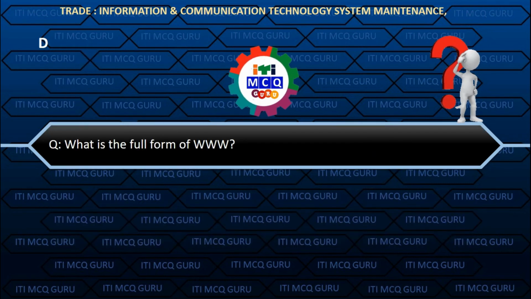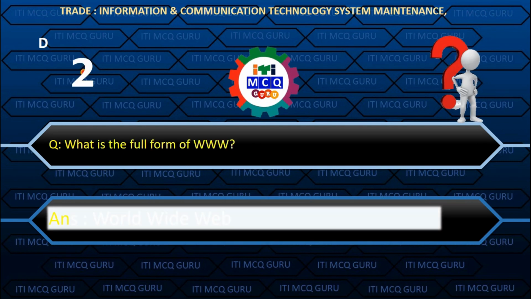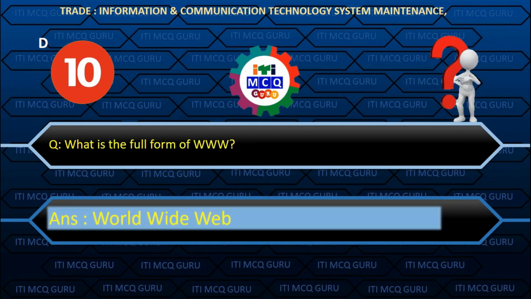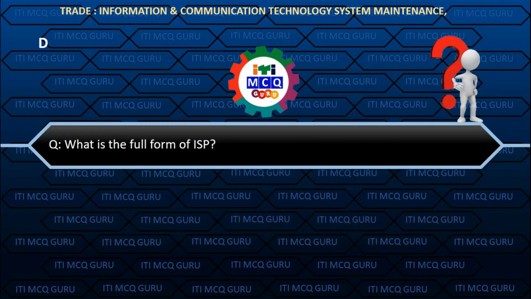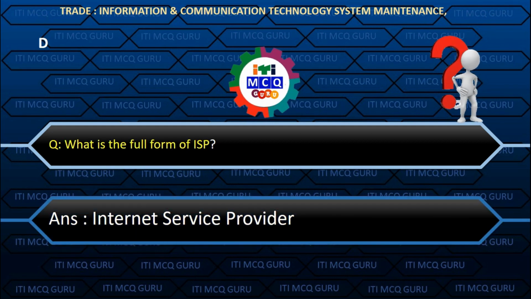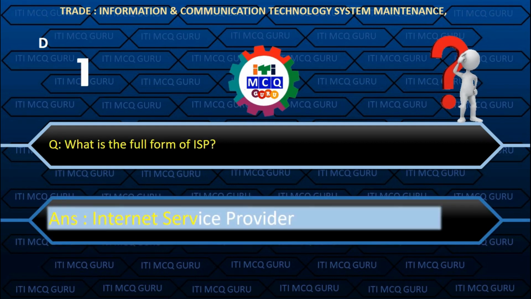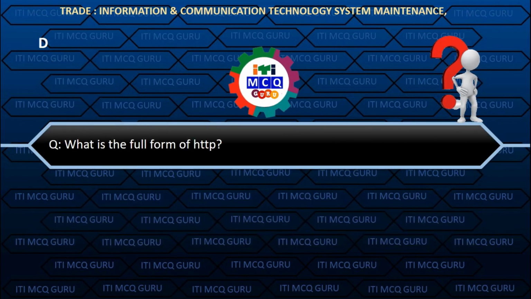What is the full form of www? Answer is World Wide Web. What is the full form of ISP? Answer is Internet Service Provider. What is the full form of HTTP?